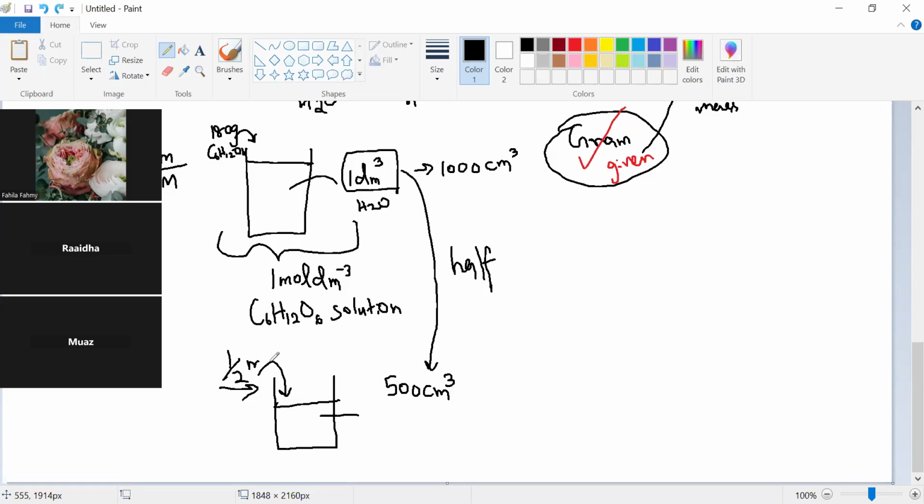Yes. Okay, how much is half a mole in grams? It's going to be 180 divided by 2. That is, how much is it? 90 grams, right? Go through this calculation part, Puta.